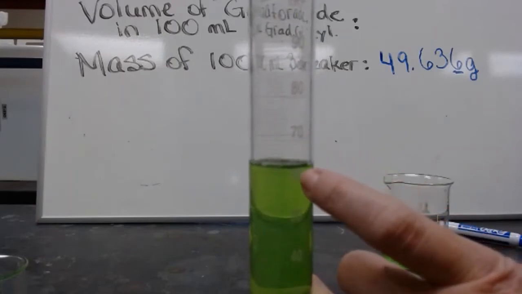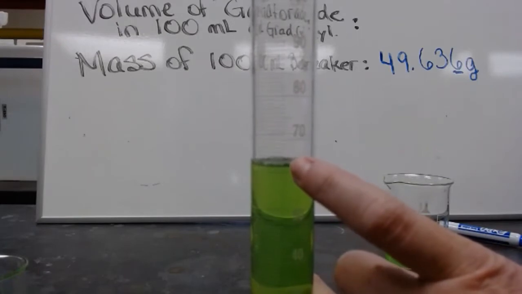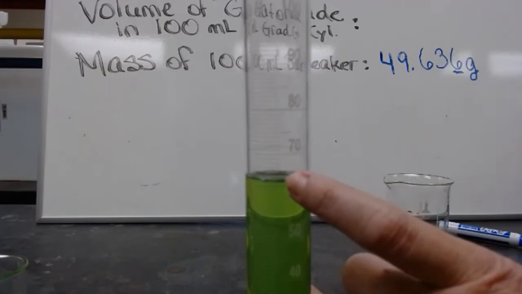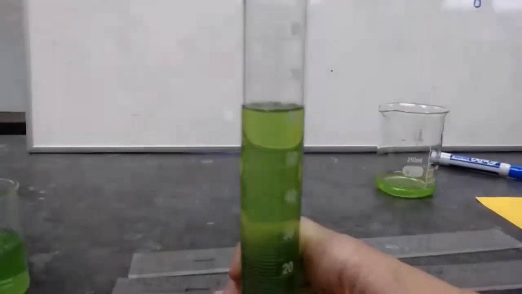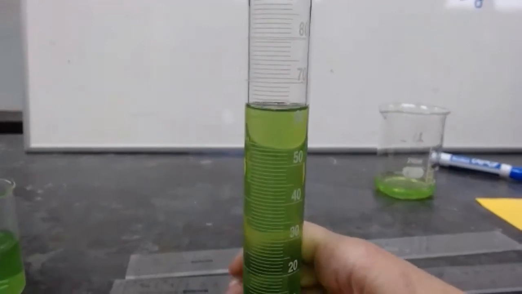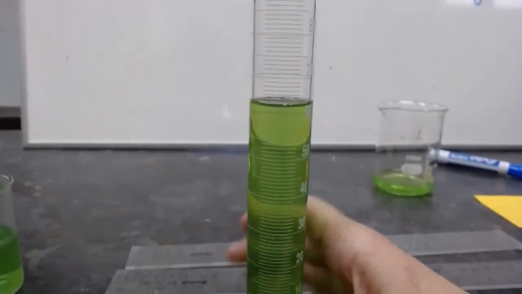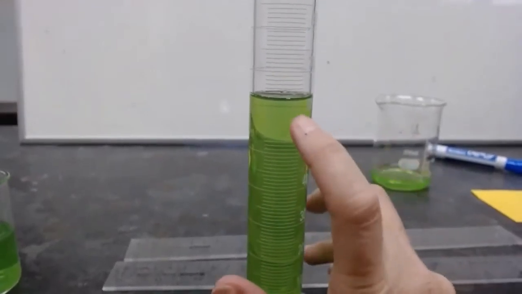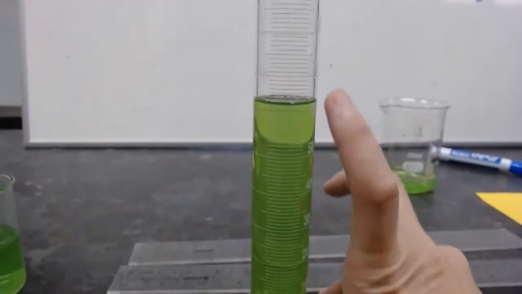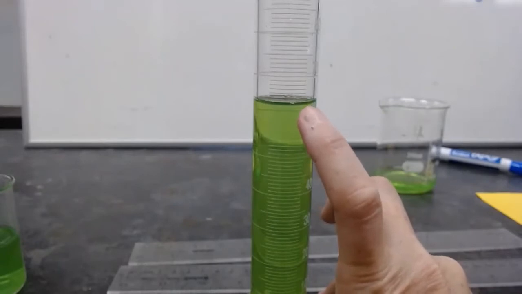I'll know that it's 60. I'll also know which 1 milliliter increment it's part of based on the bottom of the meniscus. So if we get eye level and we look at the bottom of the meniscus, you rotate it around so that you can count the lines. And so we have 1, 2, 3.